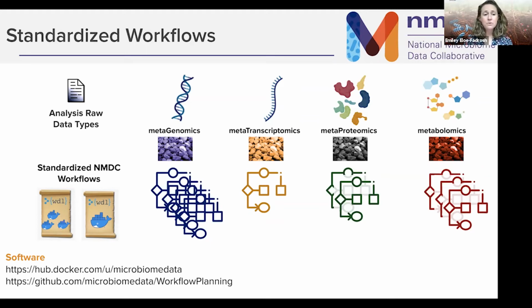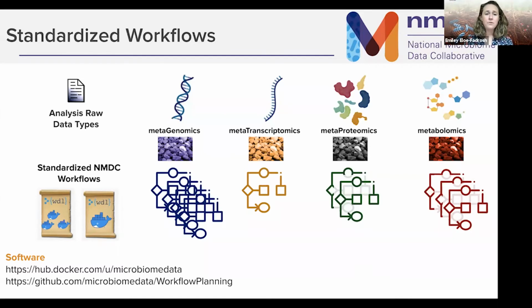And so you can go to our Docker Hub site or other resources. Eventually, these will be made available through KBase, to be able to run these workflows in the same manner that data might be processed in the user facilities setting.